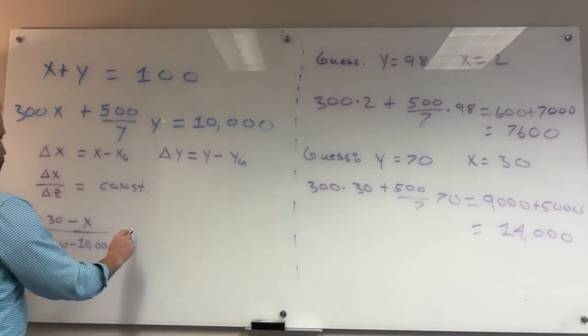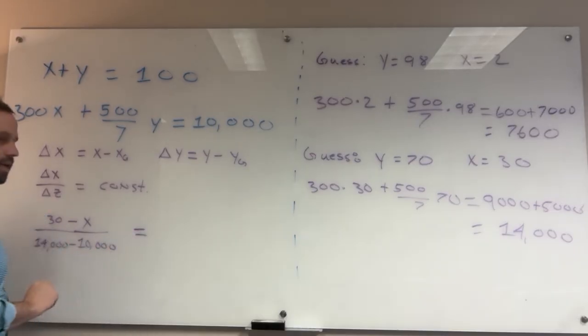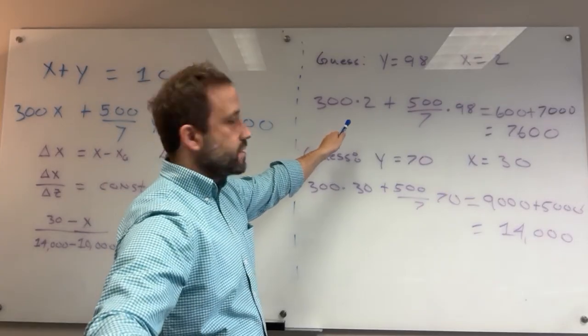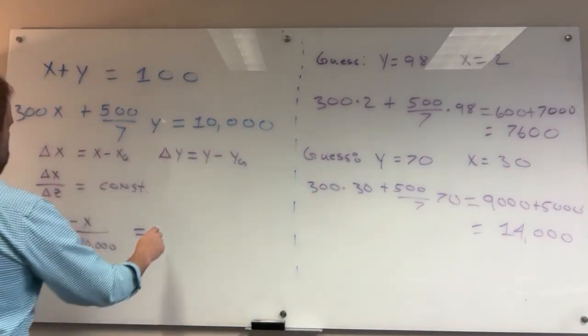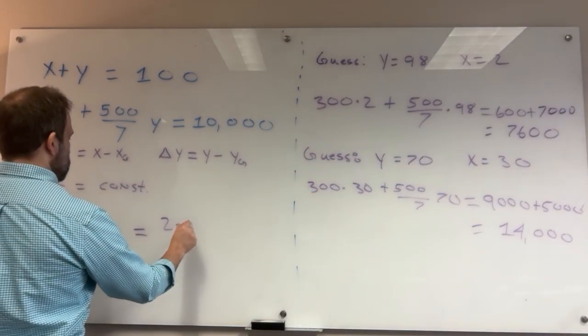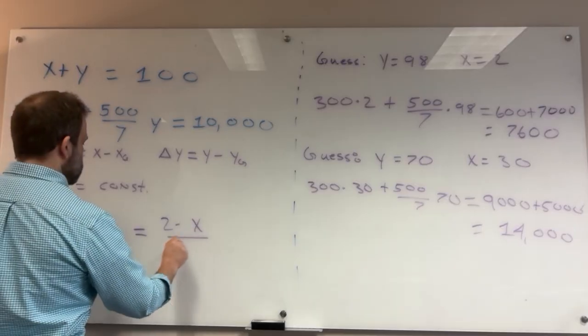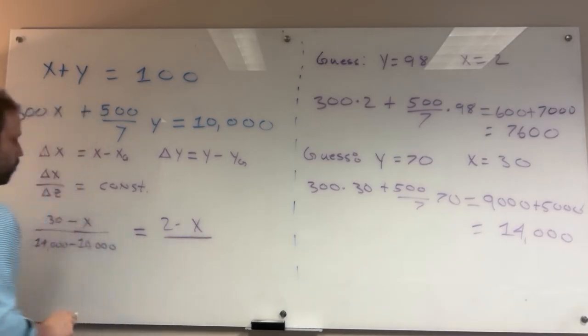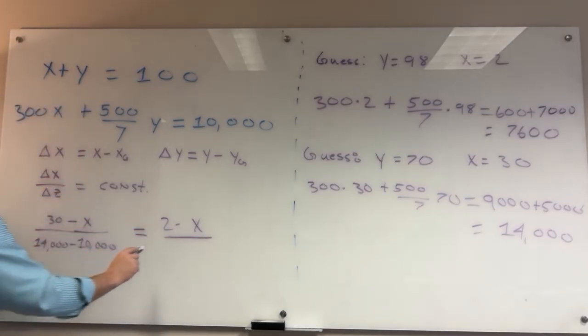Okay, now this is going to equal the following. It's going to equal the first guess up here, x is equal to 2. So it's going to be 2 minus the actual value of x. Okay, now when you plug in 2, you get 7,600.